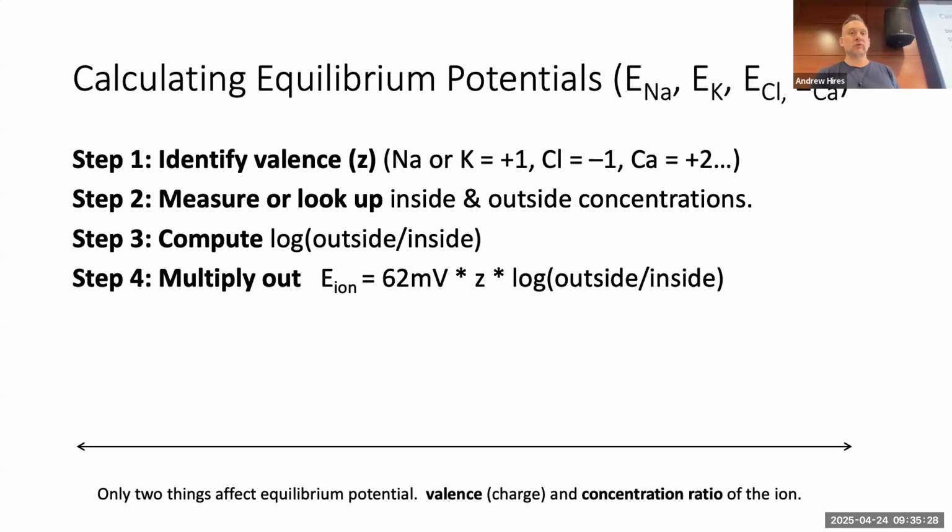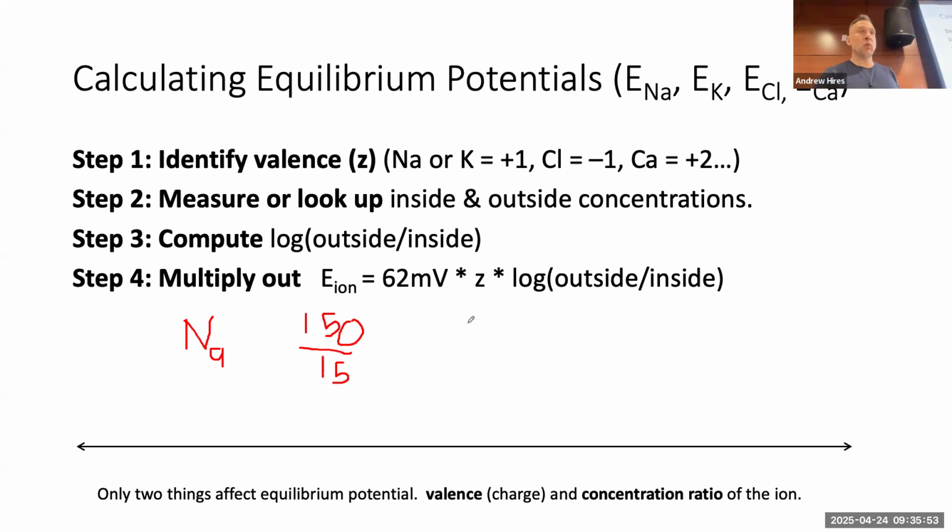Let's work that out. This is where I wish I had a pen on here. Say the outside concentration for sodium, Na, is 150 millimolar. Inside is 15. What's 150 divided by 15? It's 10.